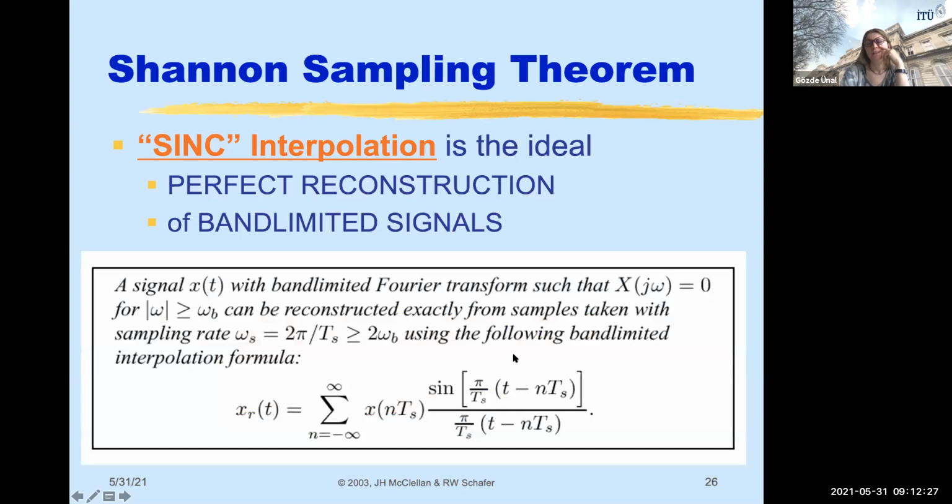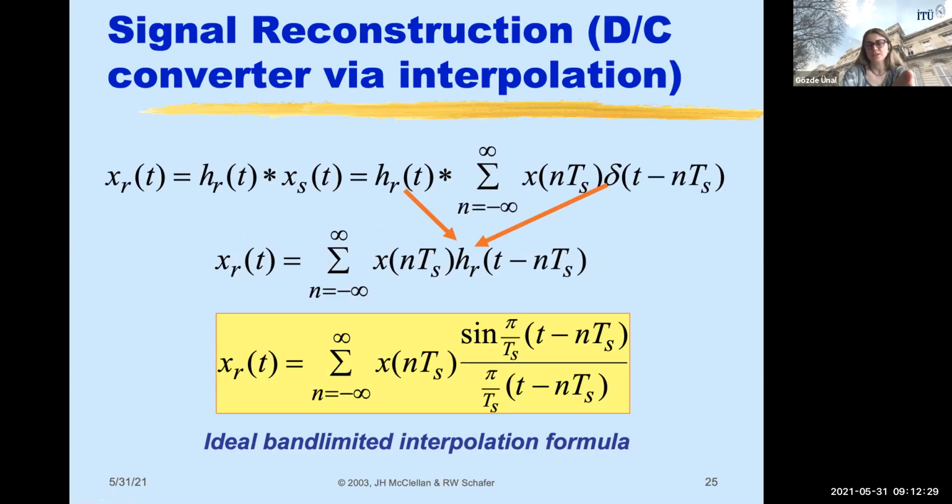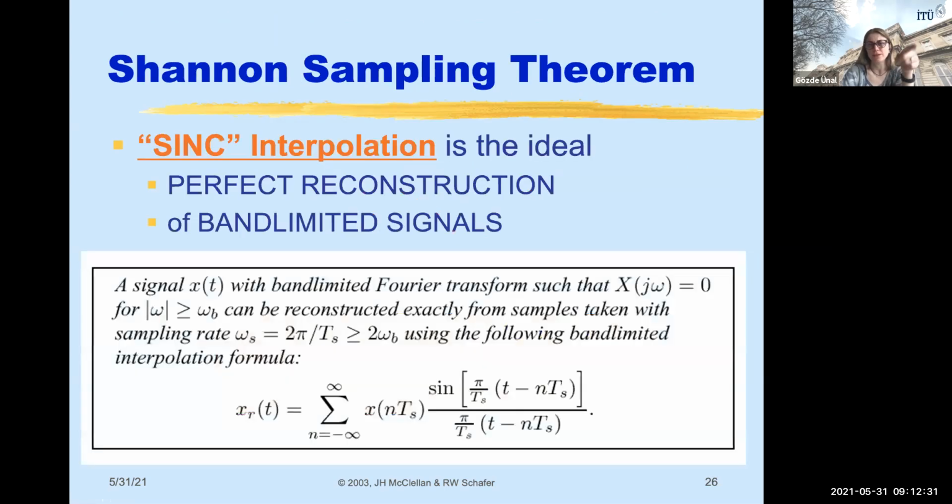And that brings us to this, where we just rewrite this in terms of a theorem. This is called the Shannon sampling theorem. This sinc interpolation is the ideal perfect reconstruction. I mean, we've just seen it's this interpolating basis function, right? So let's say a signal with band limited Fourier transform, such that X of j omega is 0 outside the range of omega B frequencies, can be reconstructed exactly.